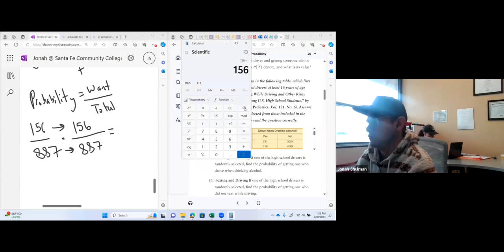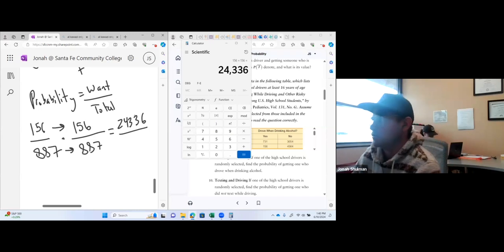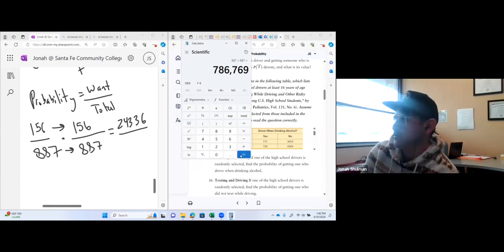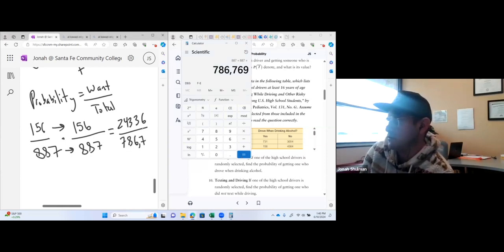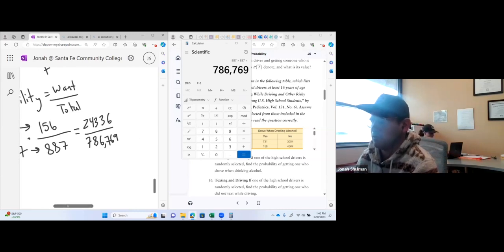The top is 24,336. And the bottom is going to be 887 times 887, which is 786,769. So what is our first example?